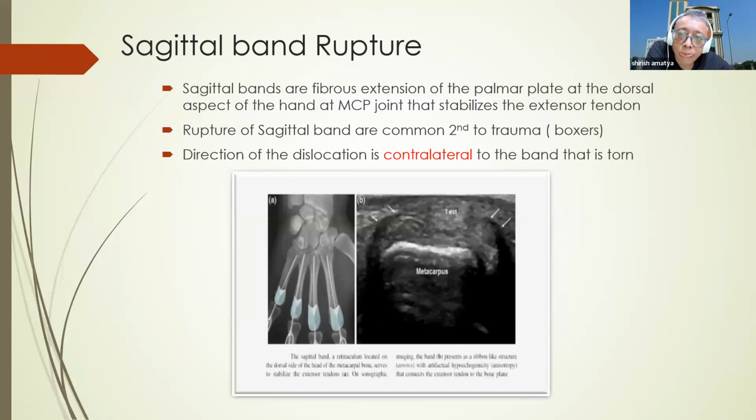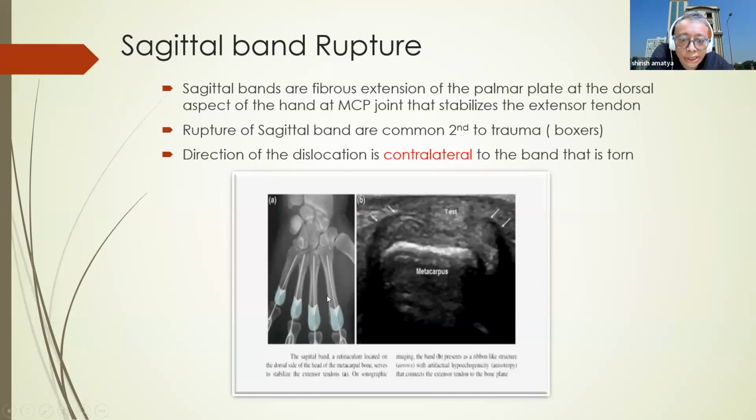Another common problem which is encountered in the pulley, mainly the dorsal pulley, is sagittal band rupture. This sagittal band is located in the dorsal aspect of the hand, and it arises from the palmar plate and arches over the extensor tendon of the hand, which helps to stabilize the extensor tendon.